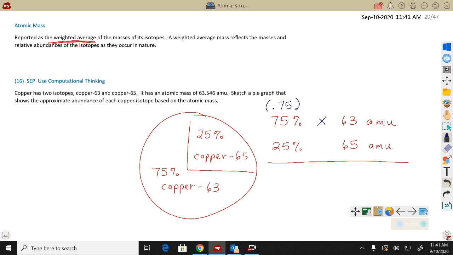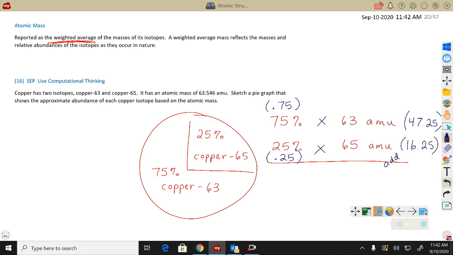And I get about 47.25. Then I'm going to do kind of the same thing. I'm going to use 0.25, and I'm going to multiply by 65. 0.25 times 65. And I get about 16.25. Now we're going to add.